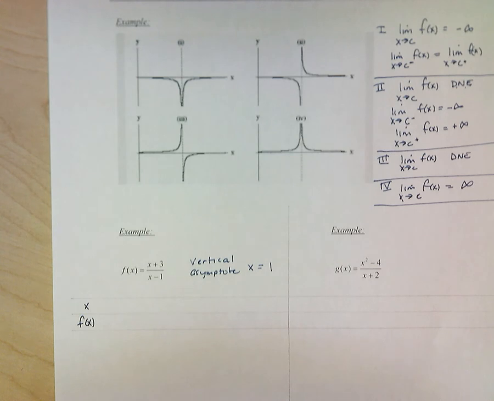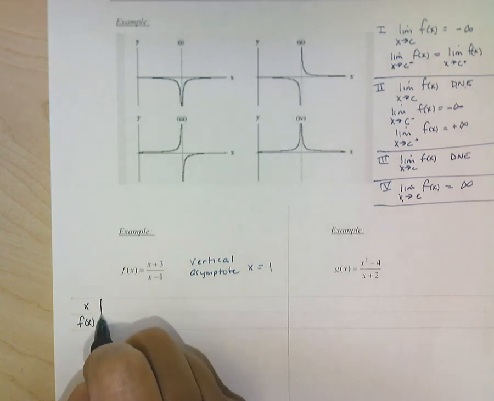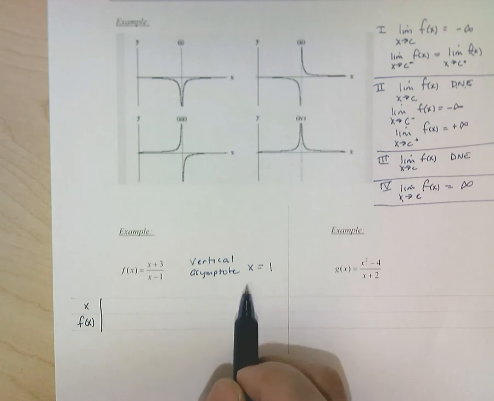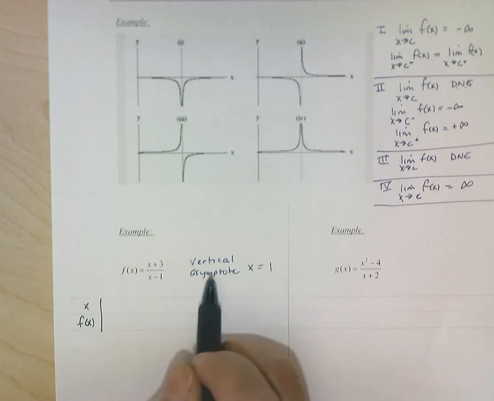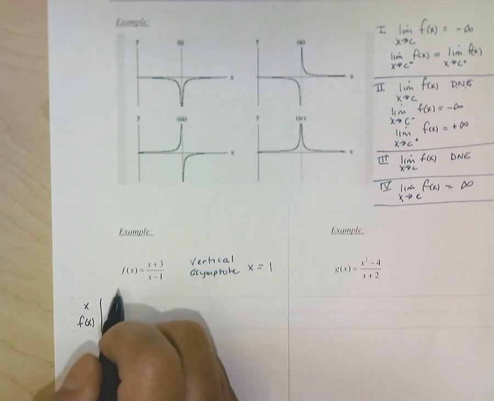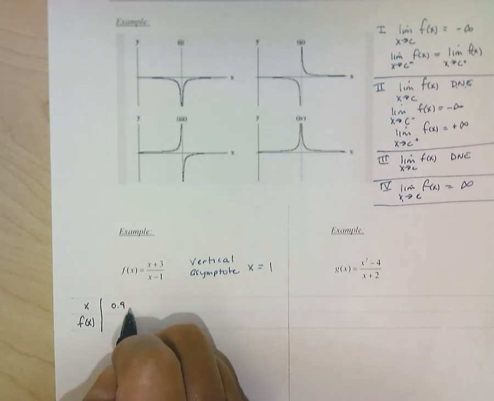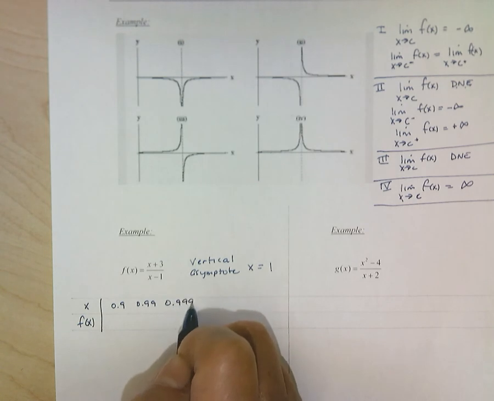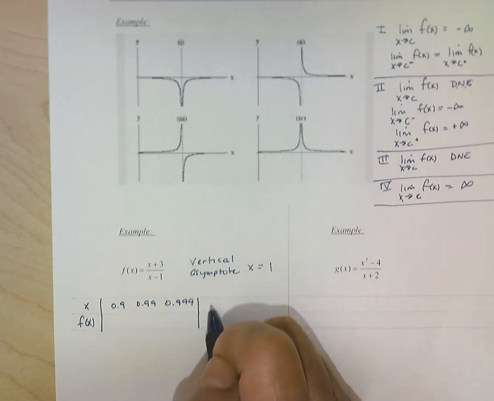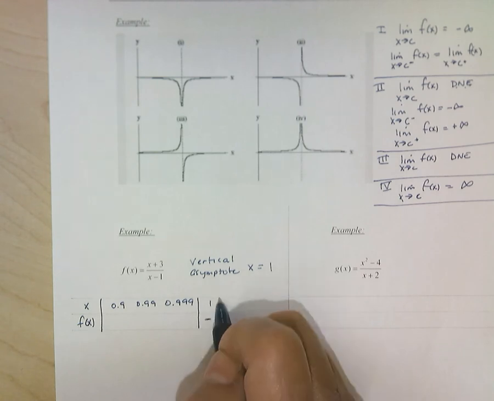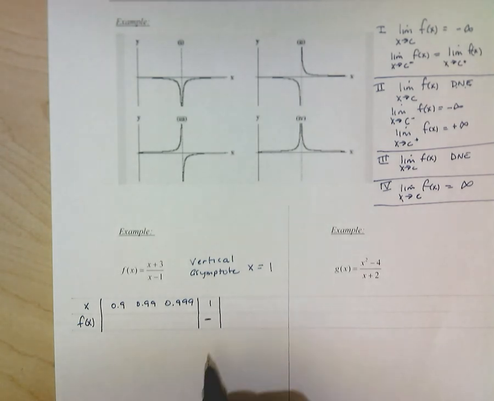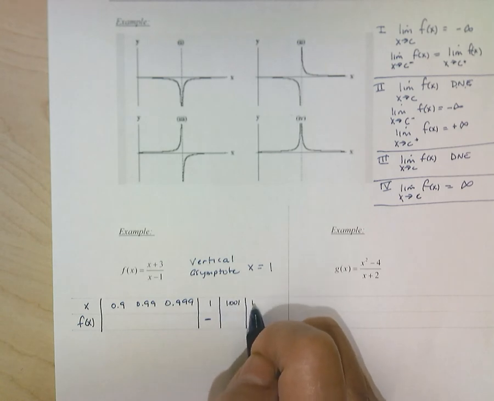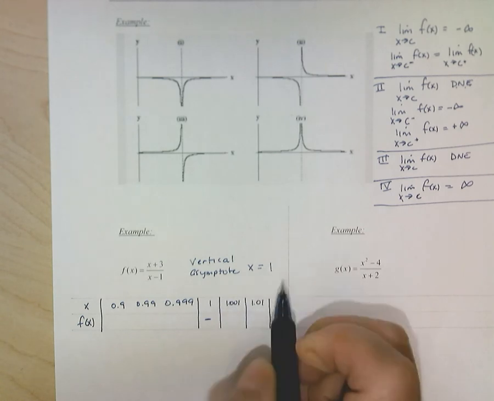You can do it in a calculator, and I would recommend you do it in a calculator. We want to look at the numbers as you get close to 1 from the left-hand side. So I'm going to choose 0.9, 0.99, 0.999. If I put a 1 in there, I know I cannot get a value. There's a vertical asymptote. Then I could choose to the right: 1.001, 1.01, and 1.1.